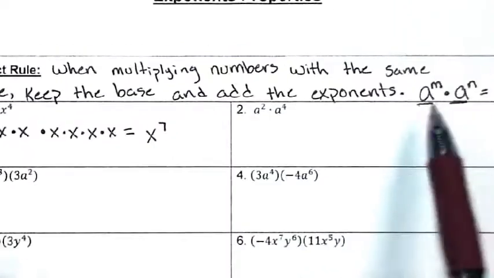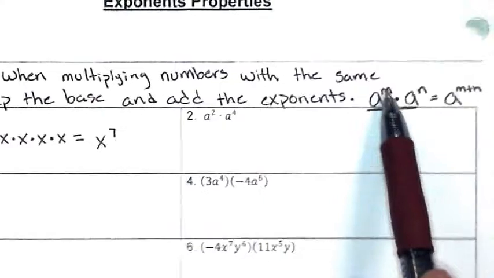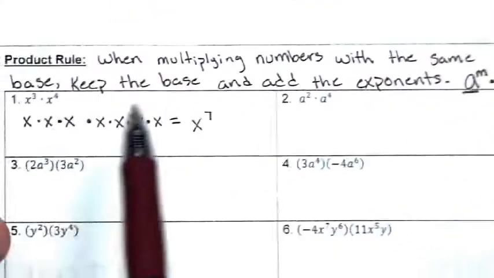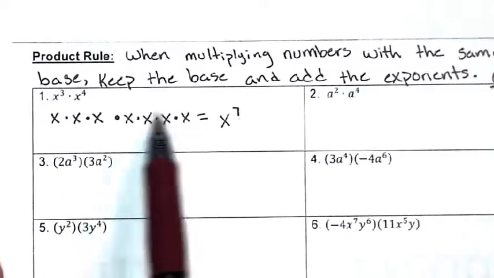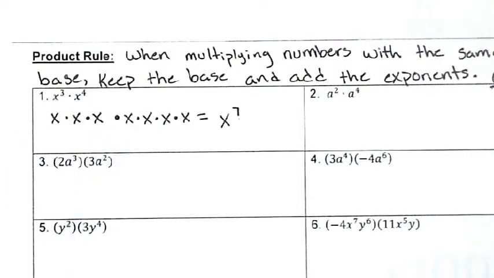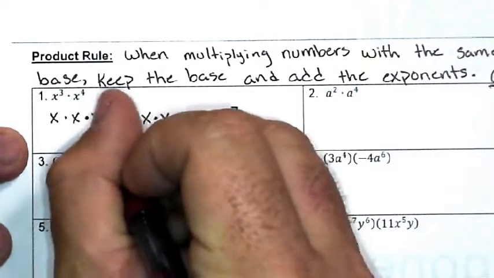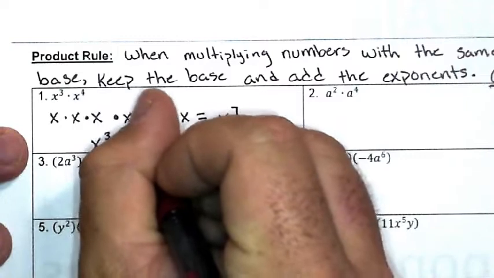Now the rule says a to the power of m times a to the power of n equals a to the power of m plus n. Did I do that here? No. What I did here is I wrote out the expanded form, just so you can get a visual of what's actually happening. What is actually happening is I'm taking x to the power of 3 times x to the power of 4.